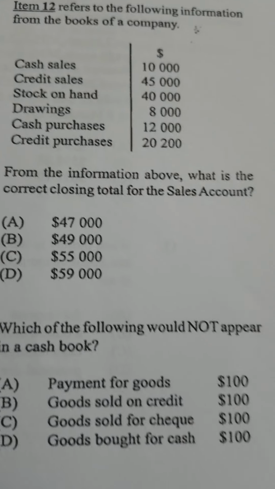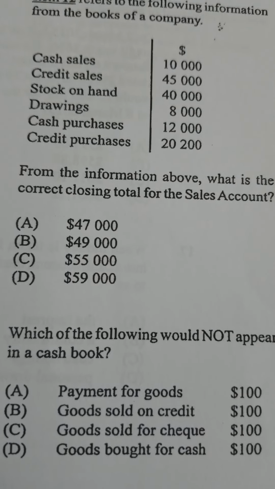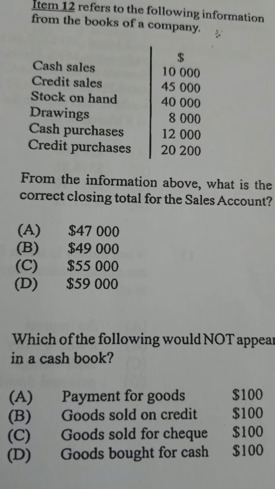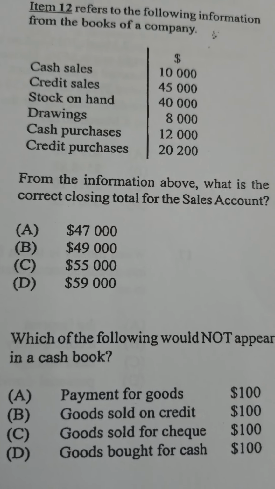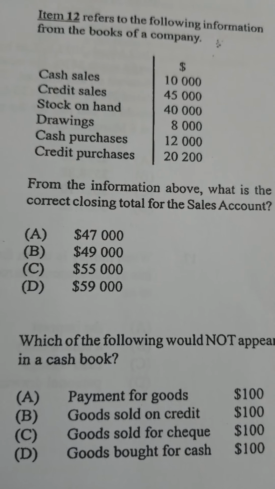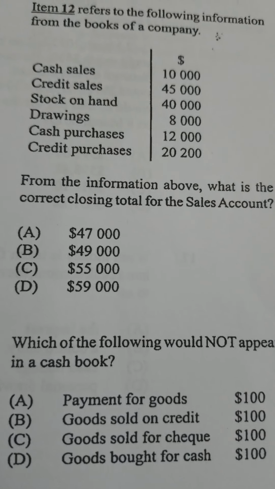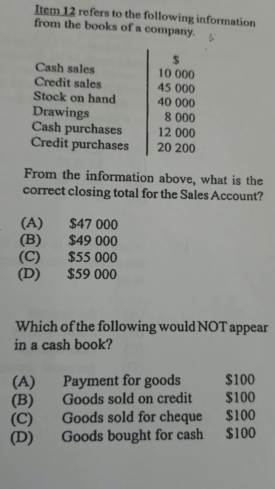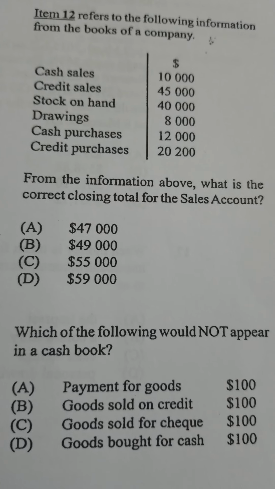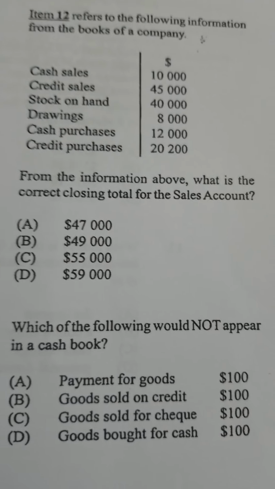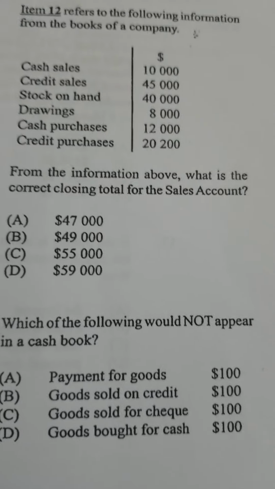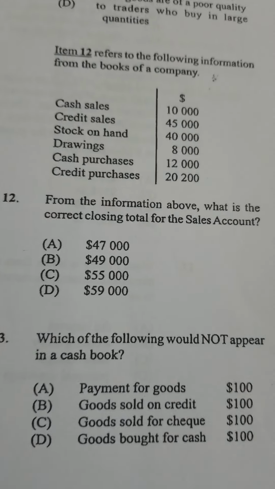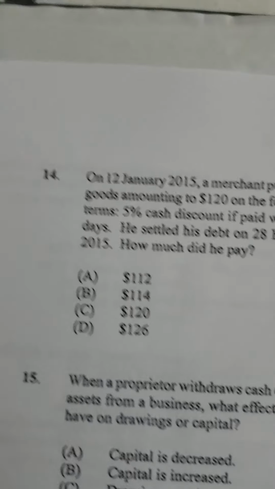Now, the concept of the cash book means that you are dealing with only cash and check transactions. Now, any item that does not conform to that, then it is going to be excluded. So which one there now? Look at B, goods sold on credit. Credit transactions are not recorded in the cash book, so B would be the most appropriate answer.